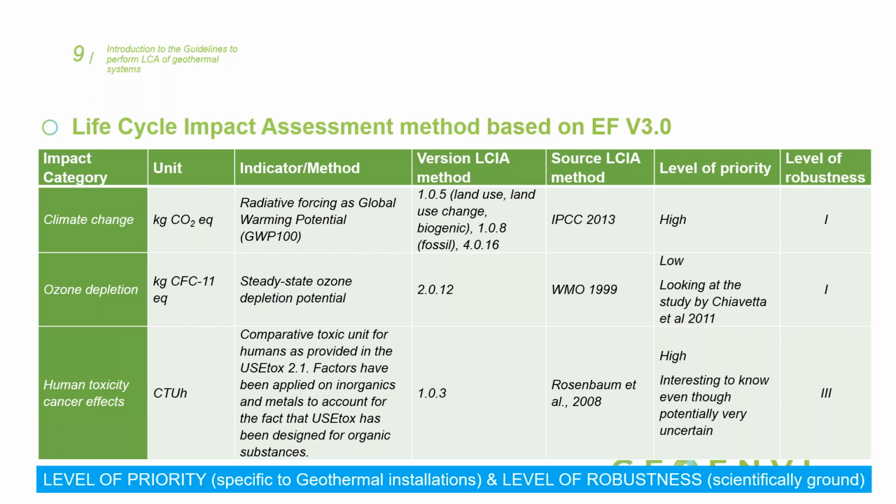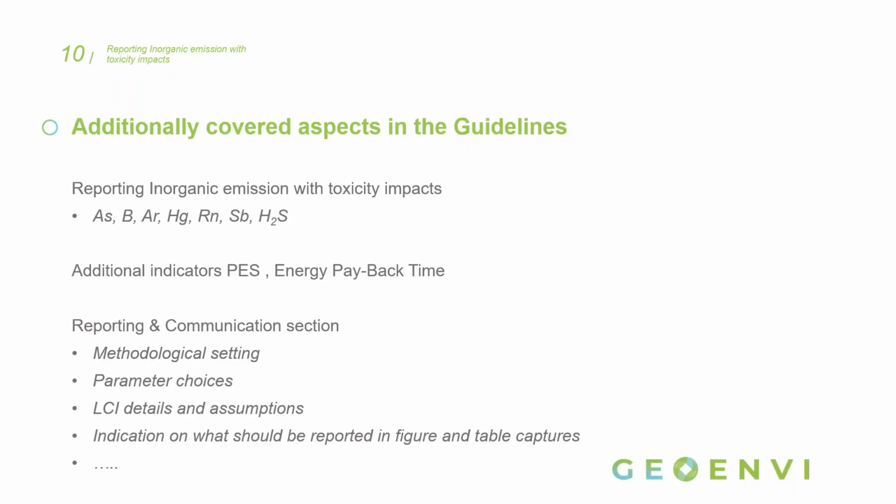In this document, some peculiarities of those indicators will be given concerning the level of priority, which will be specific to geothermal installations, and the level of robustness for the indicator, which is scientifically grounded.